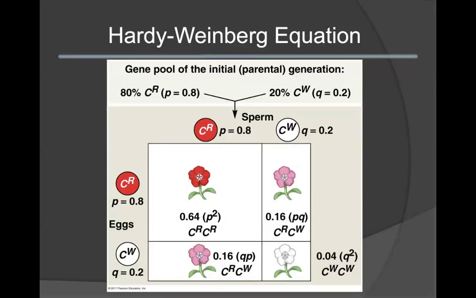If we take a look at our other pink individual on the lower left, we would also note that it has a probability of 0.16. This results from the q value 0.2 from the eggs multiplied by the p equals 0.8 from the CR in the sperm, which would result in 0.16. If we take a look at the last probability for our offspring in the lower right corner, we would have q squared, or 0.2 times 0.2, which equals 0.04.